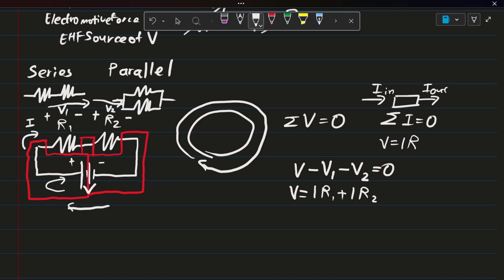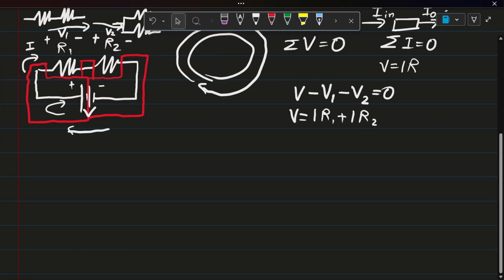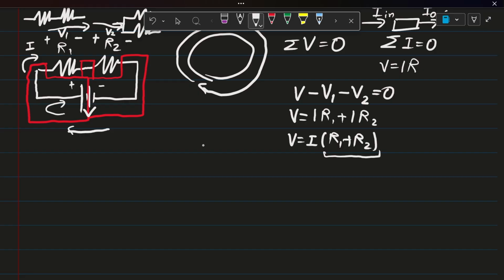Notice something here: we could write this as V equals I times R1 plus R2. That's interesting, because this looks like Ohm's law, but instead of R1 or R2, we use the sum of them, which we call the R equivalent.